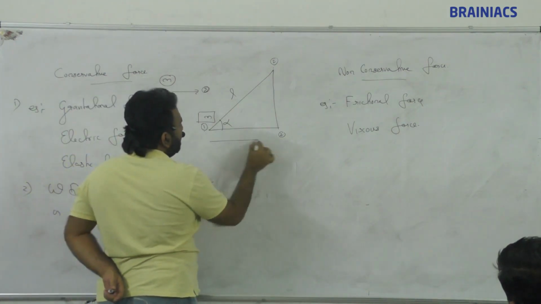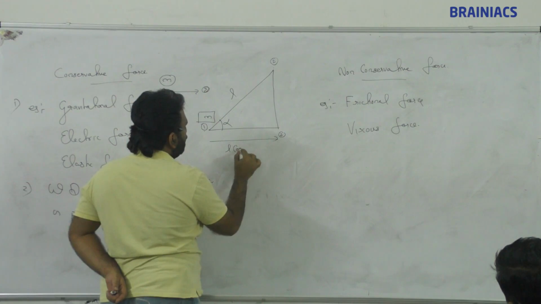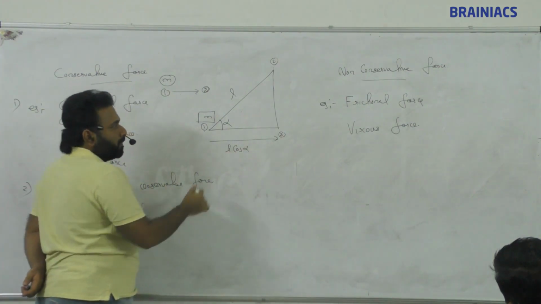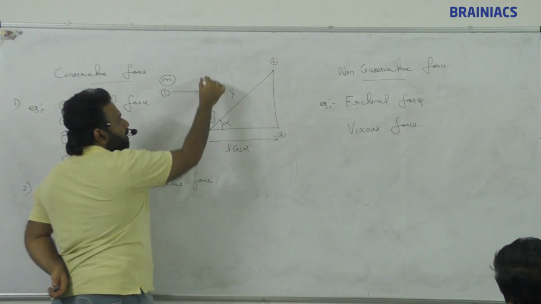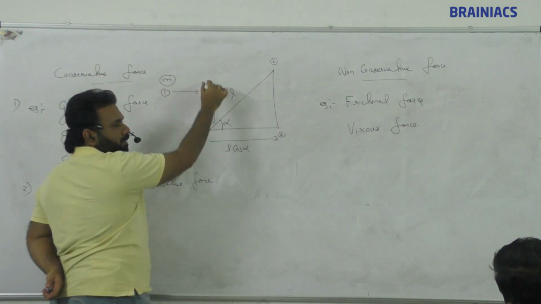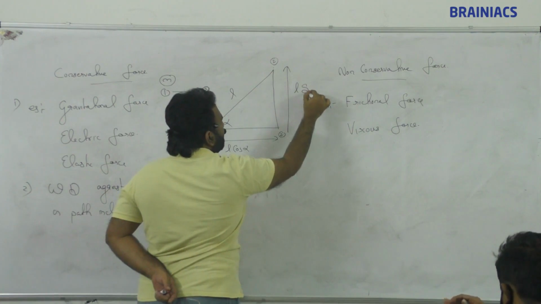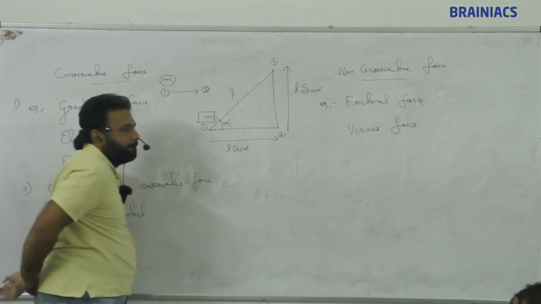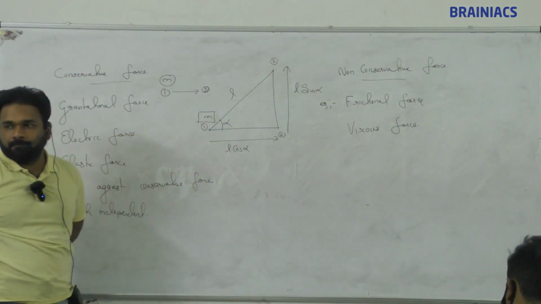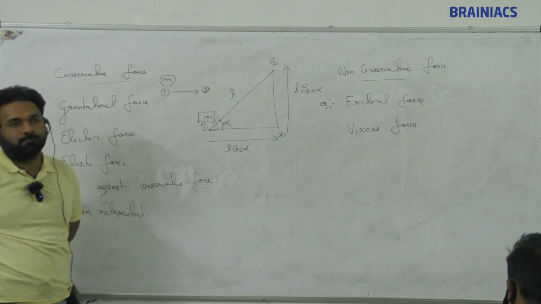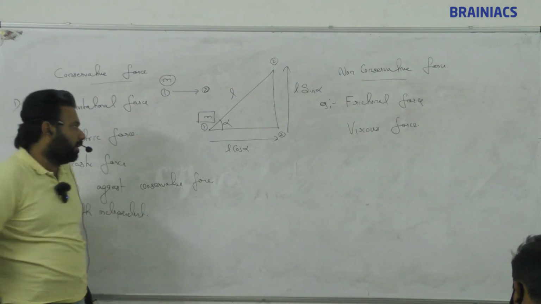Can I say this length is L cos alpha? And this length, can I write as L sin alpha? Any confusion? Clear? Okay, done.